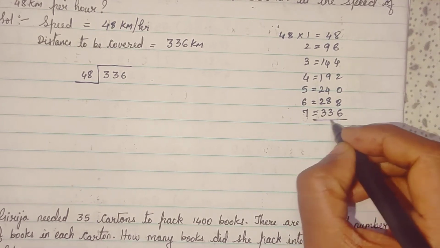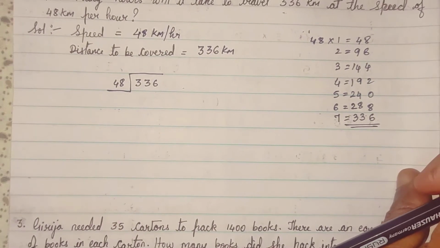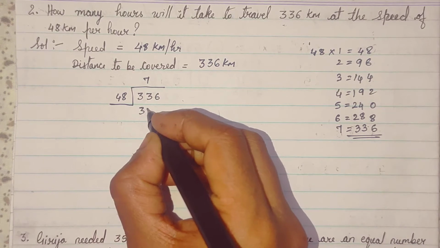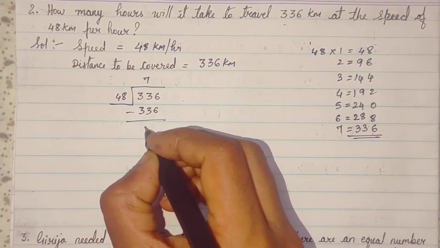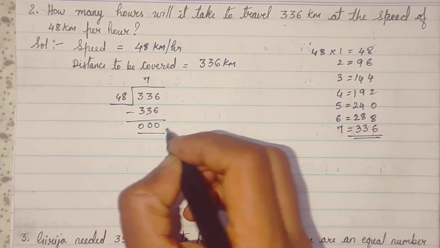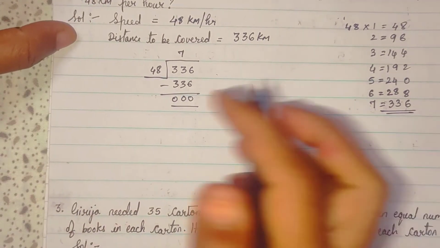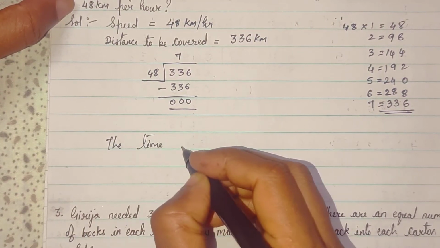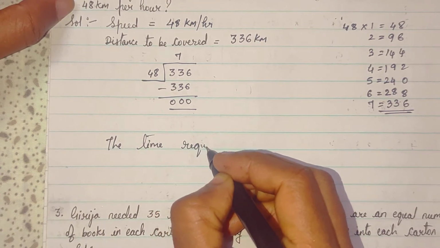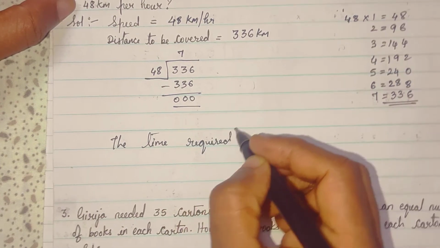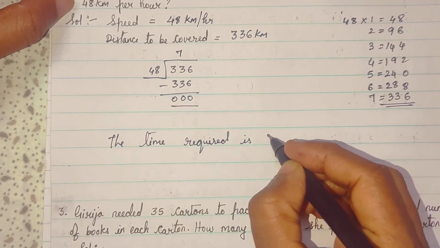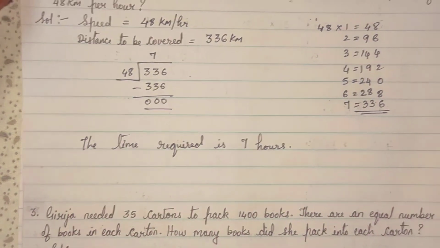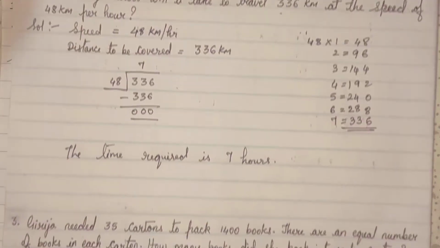So see 48 7s are 336. So 0 0 0. So that means the time required is 7 hours.